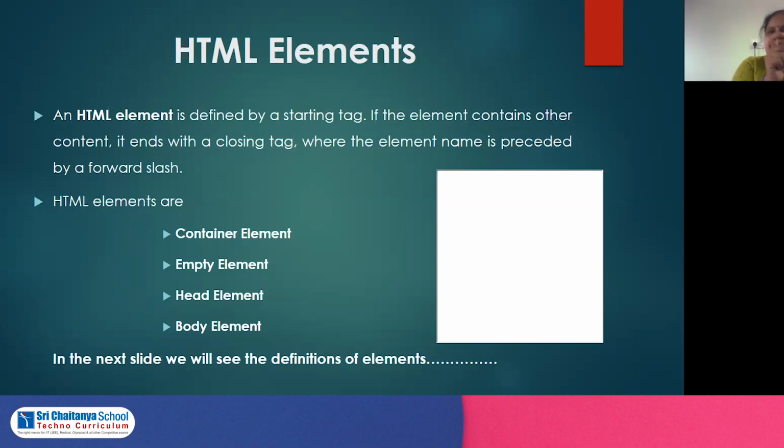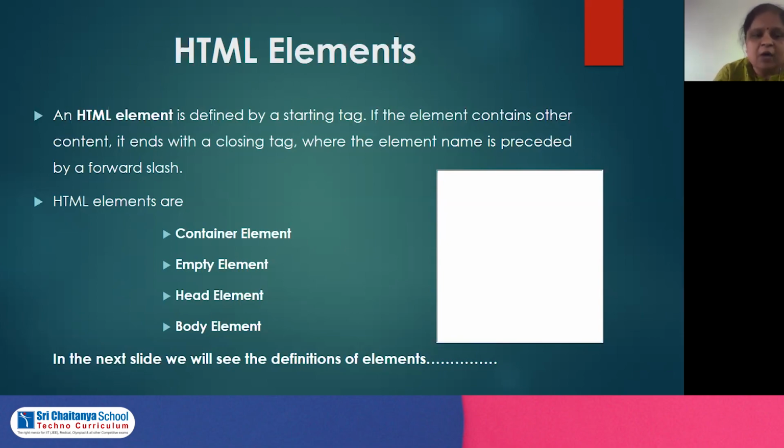Means the title has some information which should be displayed within it. So those elements will have closing tags also, where the element name is preceded by a forward slash, which you have observed how I used in the previous slide.